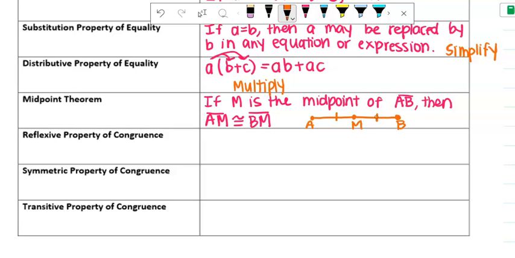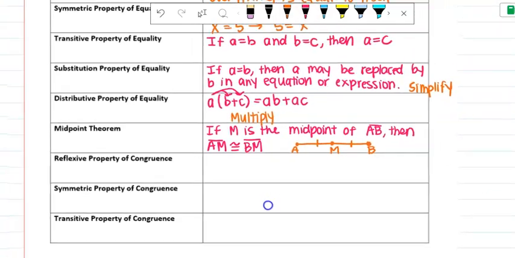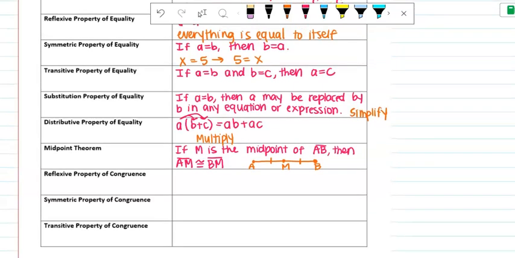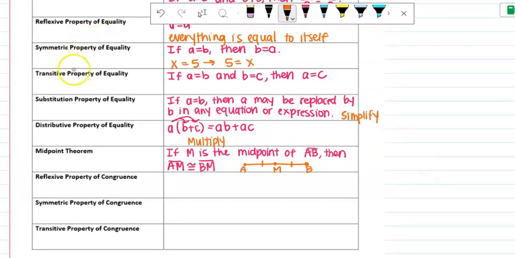And then our last three, hopefully you notice reflexive, symmetric, and transitive. We've already seen those words. We already saw them up here, but notice in these ones, they said equality, equality, equality. In the last three, they say congruence.